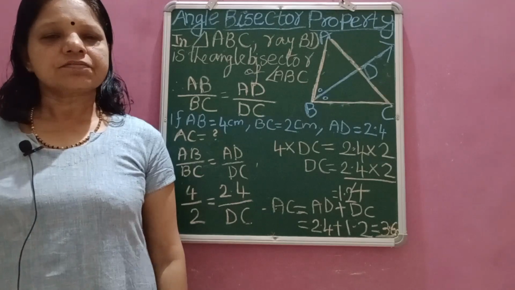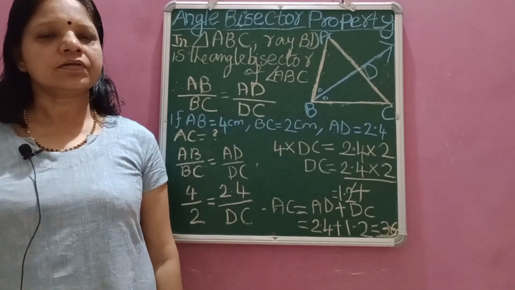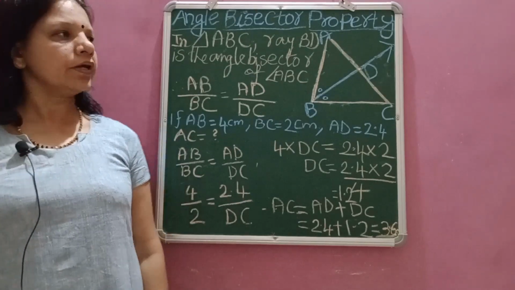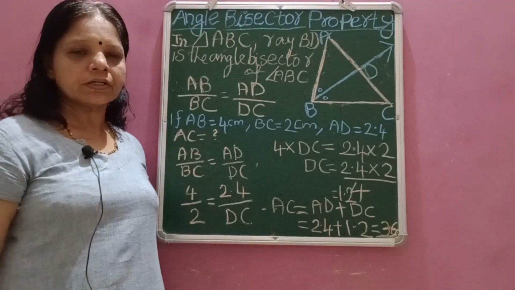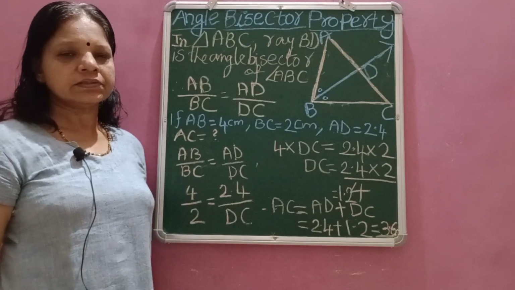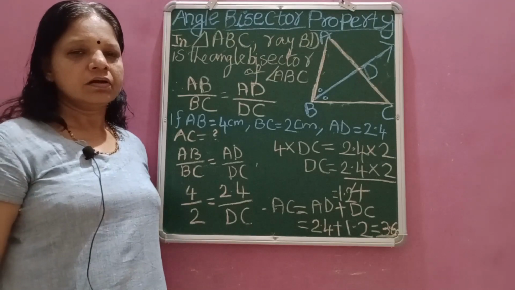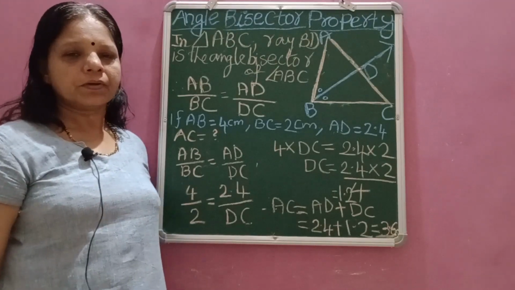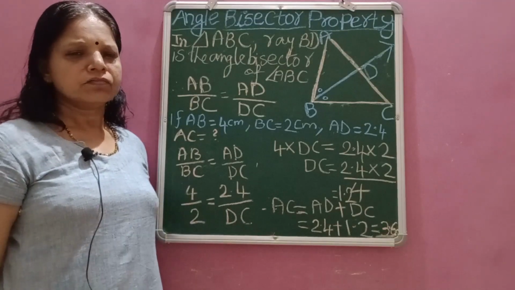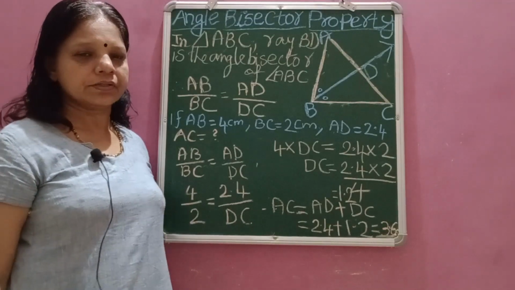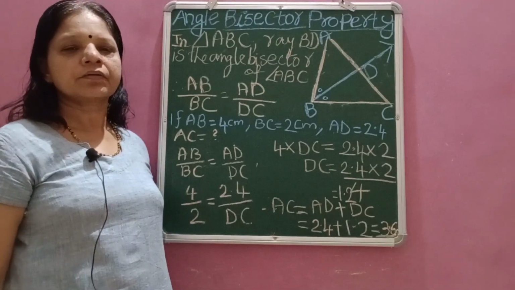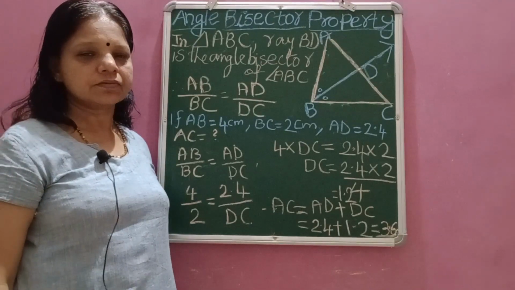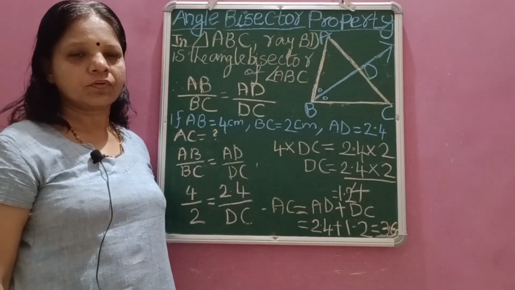So let us start today's lesson with a new topic. We were learning properties of triangles. Today we will learn another very important property of a triangle, that is the angle bisector property.